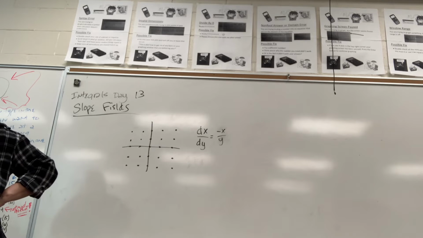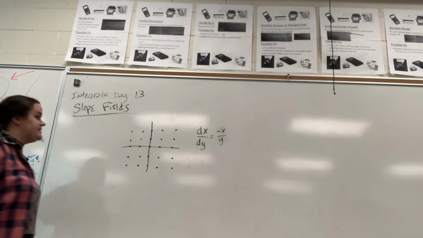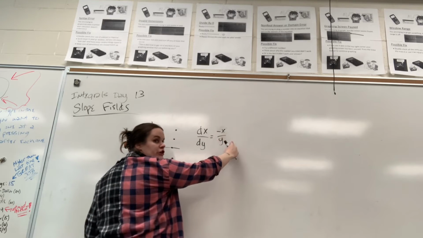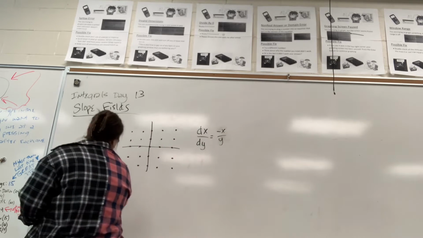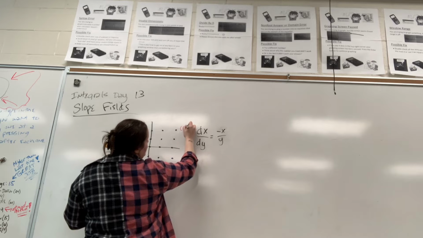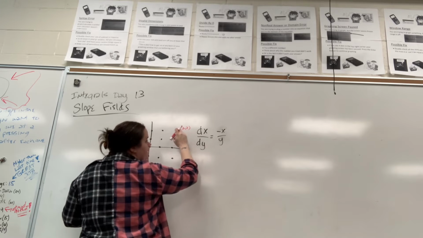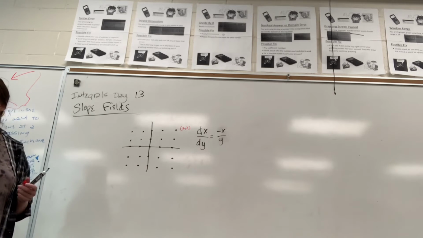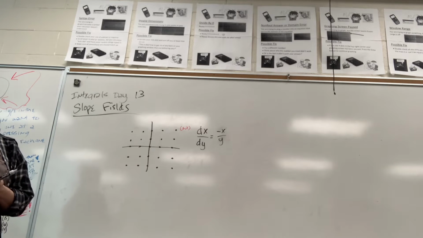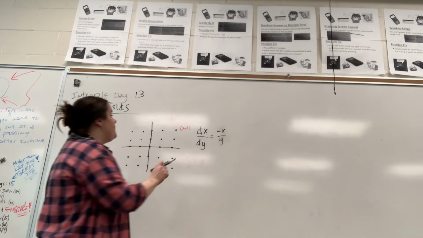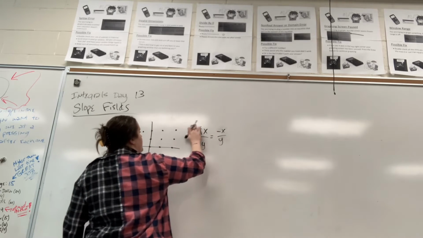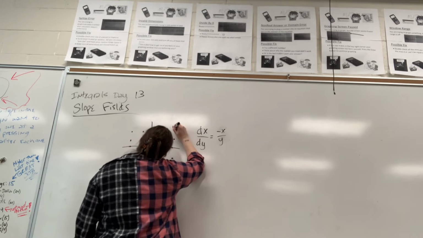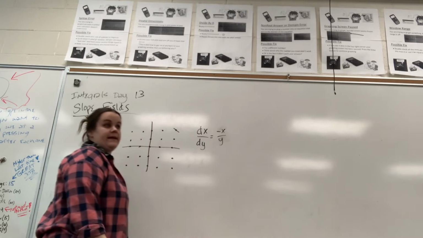Okay, so what would it be? -1. Because it would be -2/2, right? I don't know for sure that my antiderivative goes through (2, 2). But if it does, I know it would have a slope of -1 because -2/2. Does that make sense? And I can eyeball and estimate what a slope of -1 looks like.